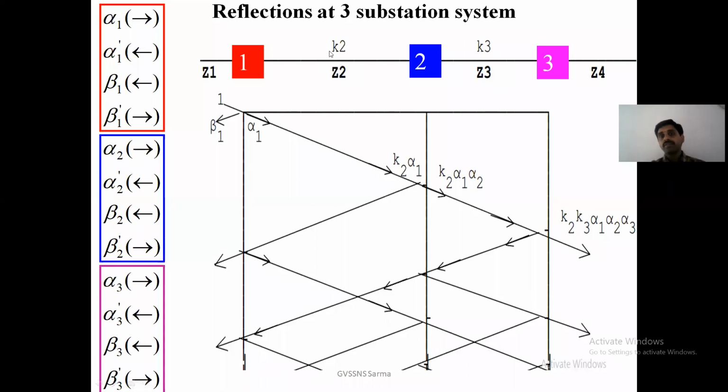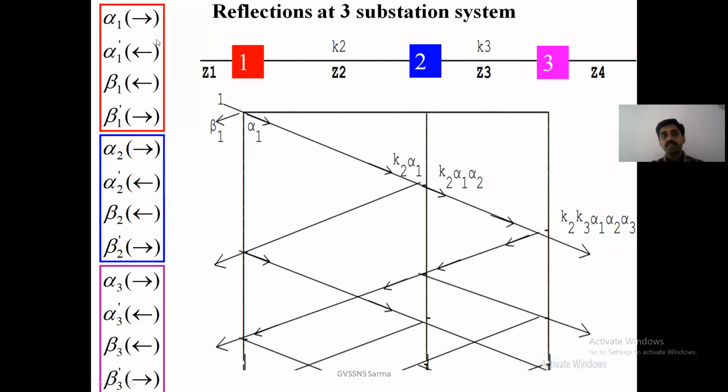And here they have given the attenuation constants K2, K3. Here we are showing the reflection and refraction coefficients. Beta 1 dash, as I have said previously. So you can take beta 1 dash as the reflection coefficient and alpha as the refraction coefficient.